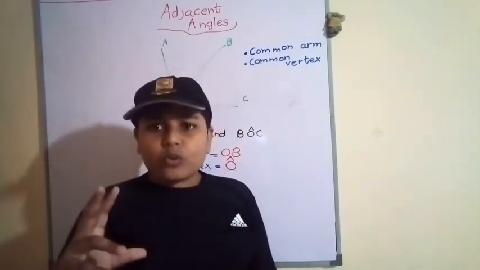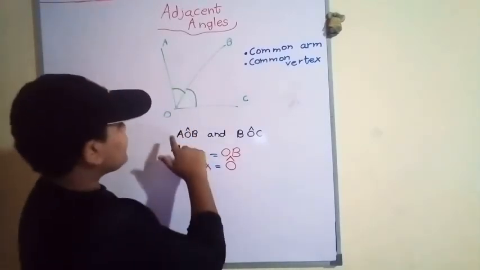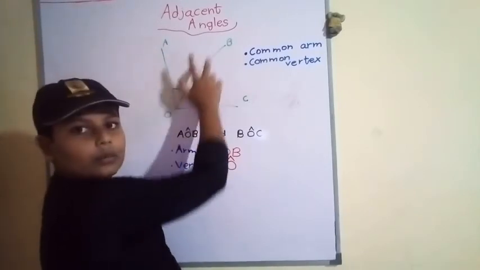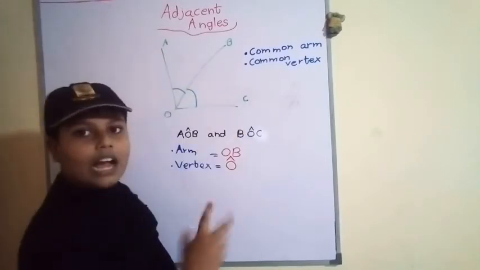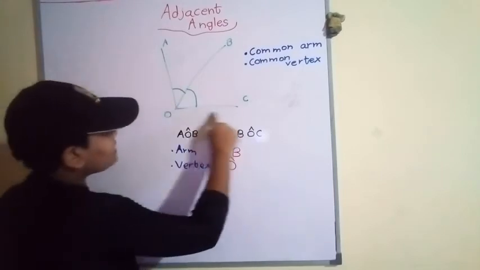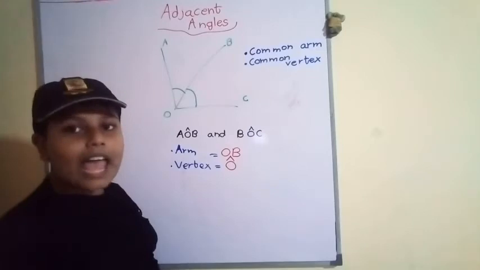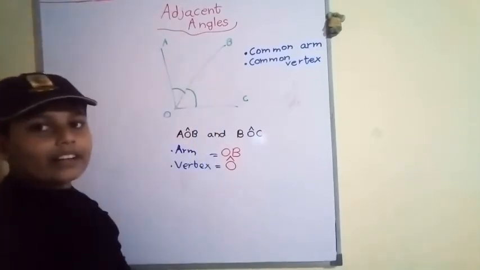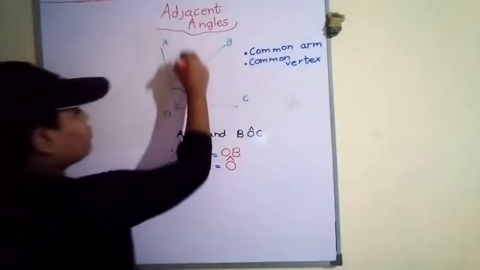Again, now I get the question: are AOB and AOC adjacent angles? You know AOC is the full angle, and AOB means the half of that. Now there are two parts, 1 and 2.